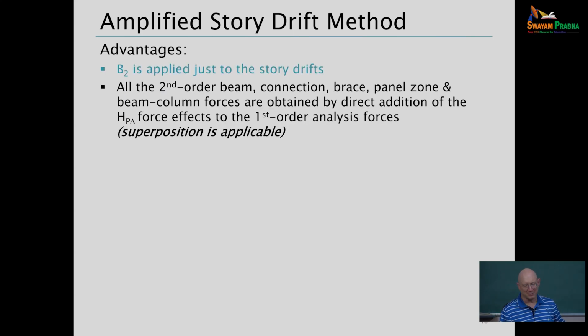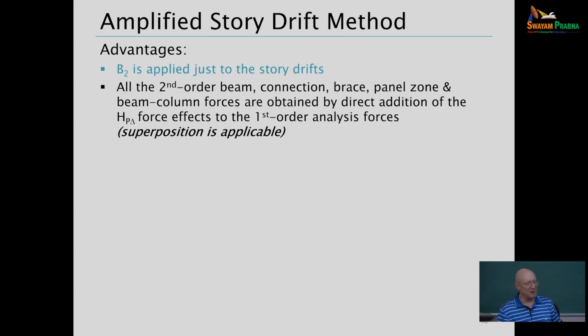So advantages: we're applying B2 just to the story drifts, nothing else. All the second order beam, connection, brace, panel zone, beam column forces are obtained by just doing these two first order analyses and superimposing, applying amplifiers.